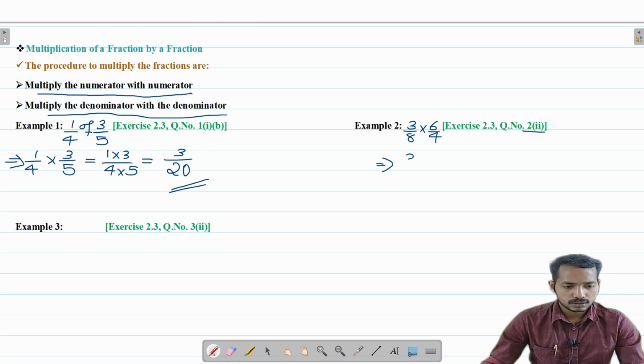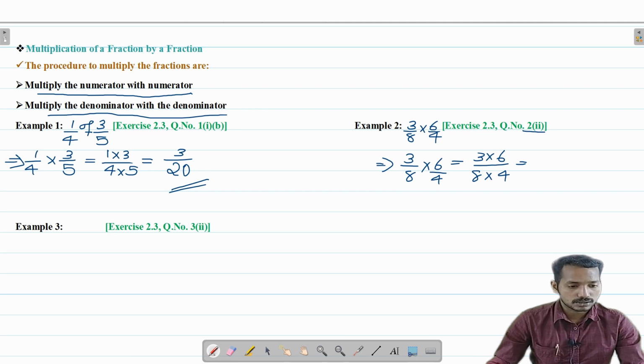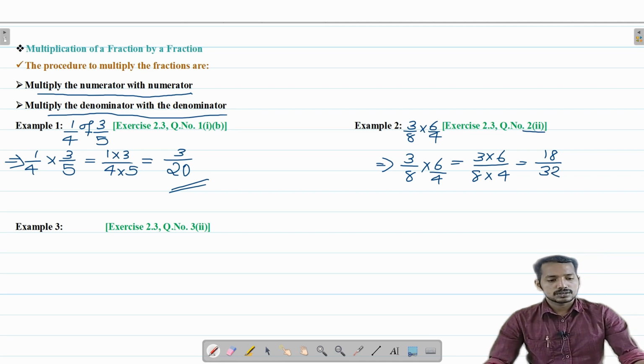That implies 3 by 8 into 6 by 4, which is equal to, multiplying the numerators, 3 into 6, because 3 and 6 are numerators, divided by 8 into 4. 3 into 6 is equal to 18, divided by 8 into 4 is equal to 32. So this is the fraction.